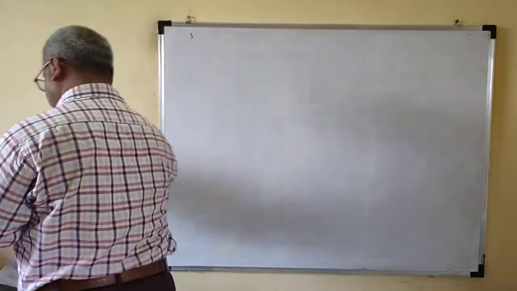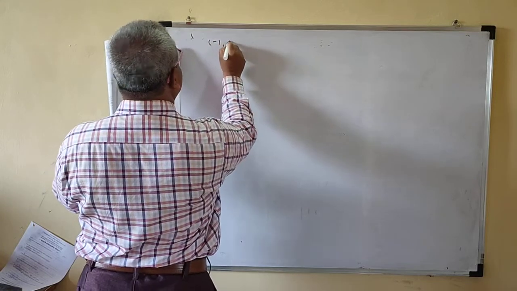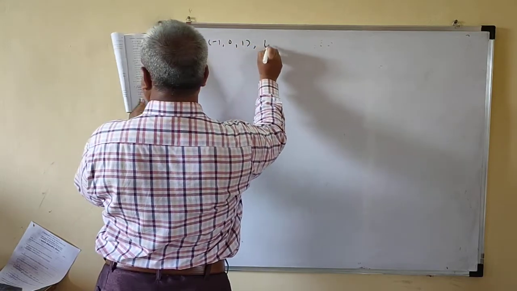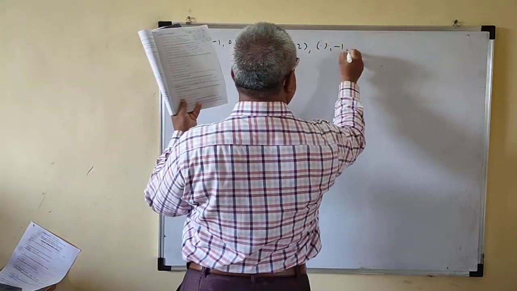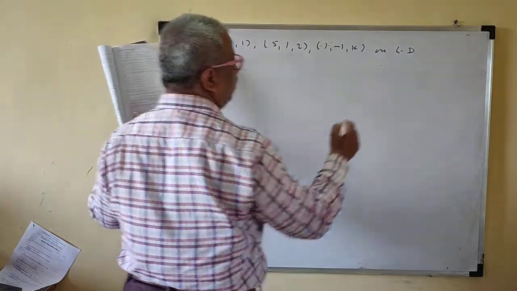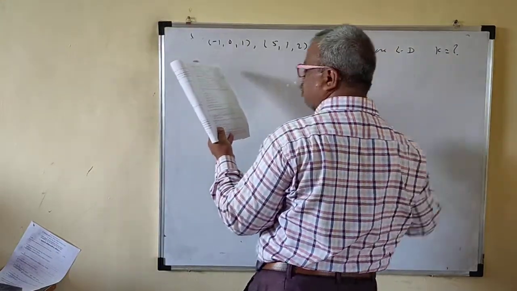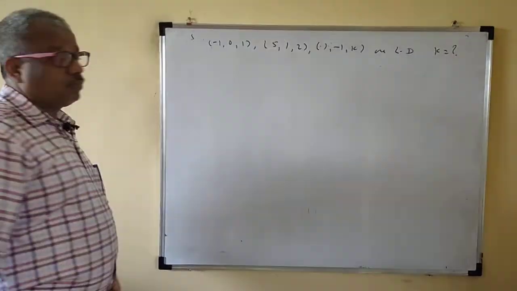Now suppose the vectors (minus 1, 0, 1), (5, 1, 2), (1, minus 1, k) are linearly dependent. Then k is equal to what?